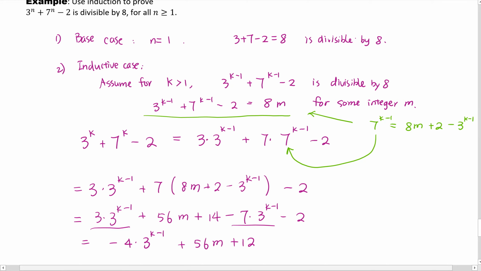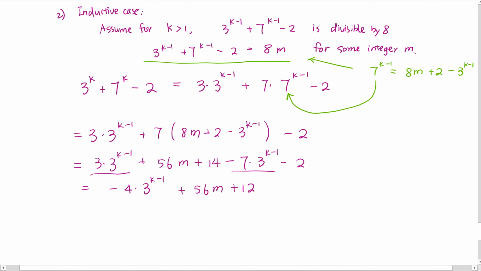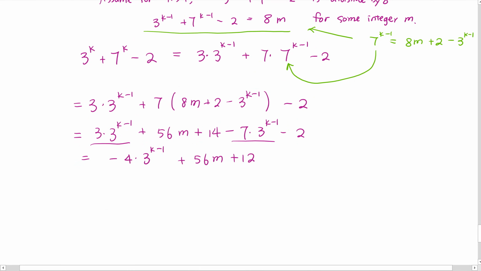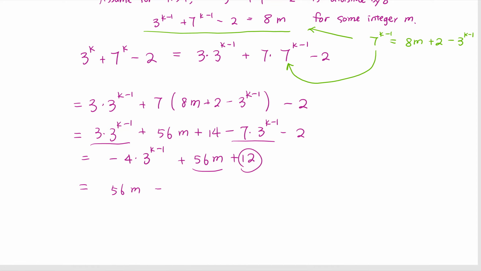So far, so good, everybody? All right, let's continue. How do we solve here? This guy is divisible by 8, so that's good. But how about the remaining two terms? The trick is you consider this guy is 12, right?